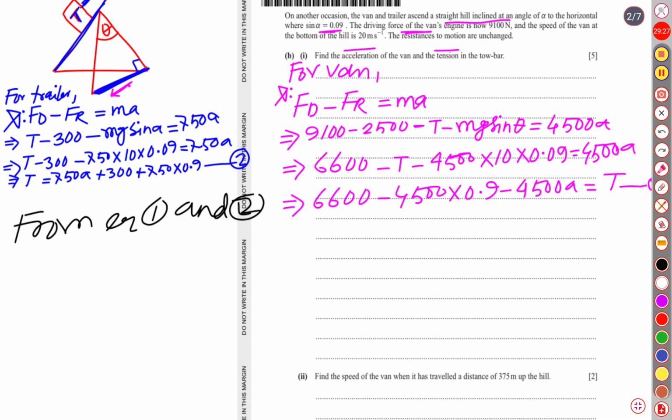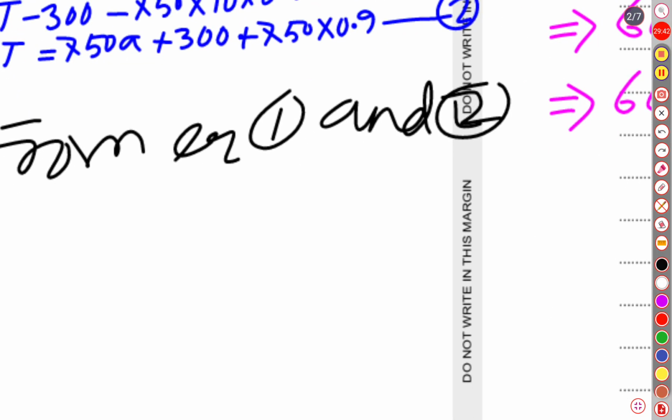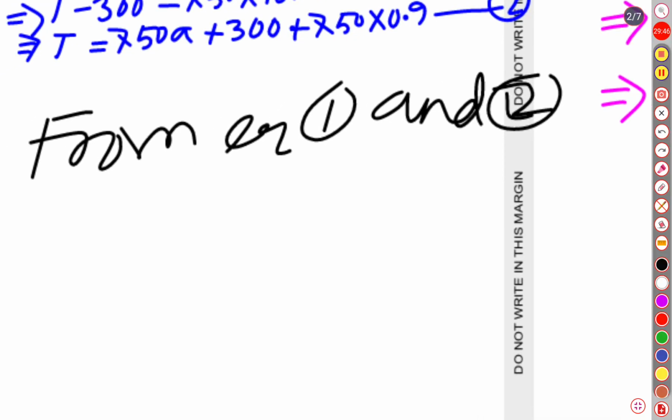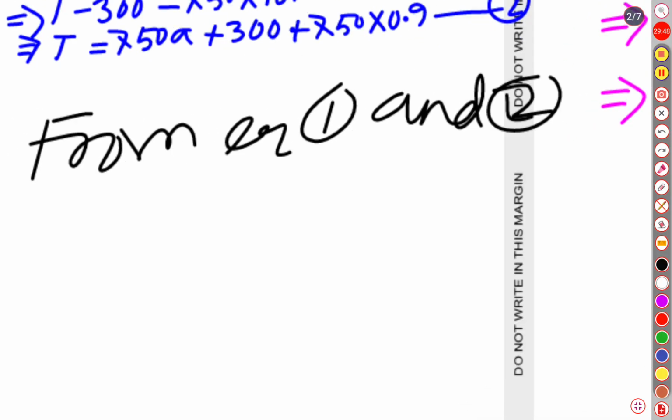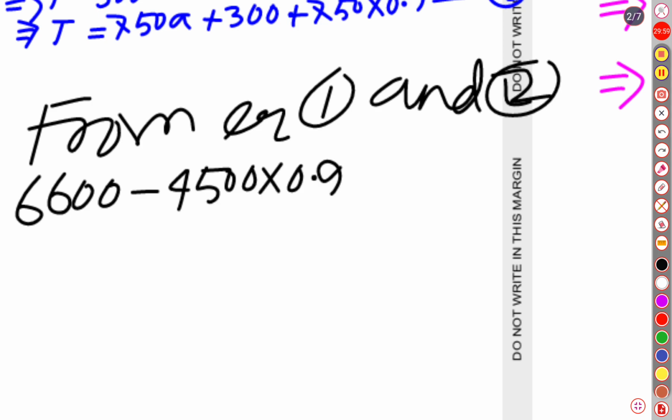Equation 1 was 6600. So let us write 6600. Let me zoom it out. Equation 1 was 6600 minus 4500 into 10 into 0.09.